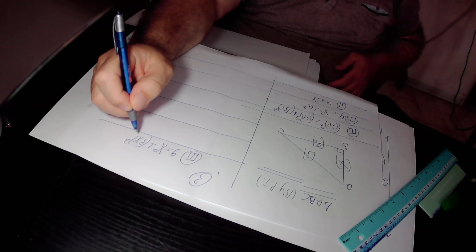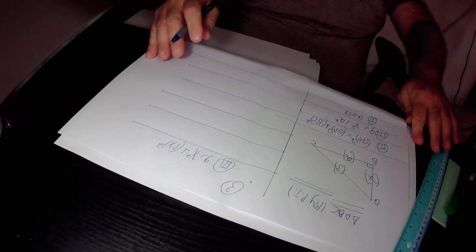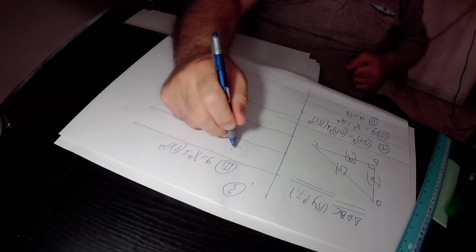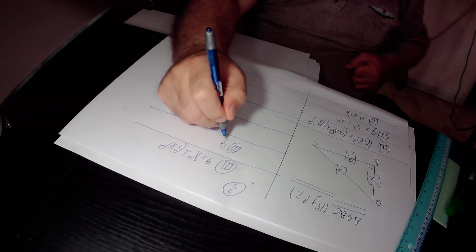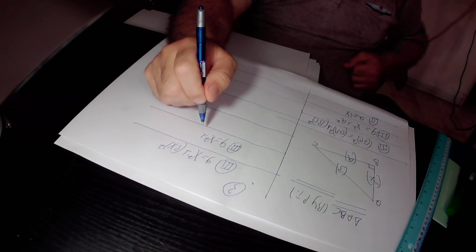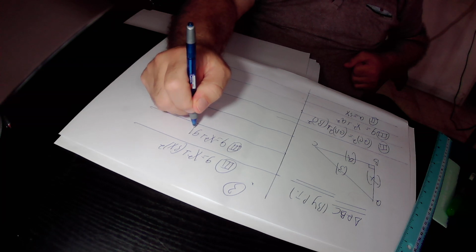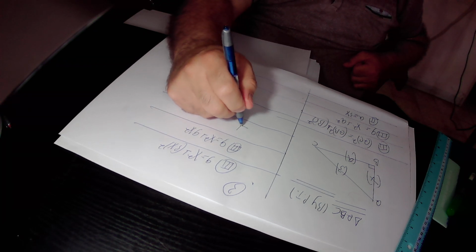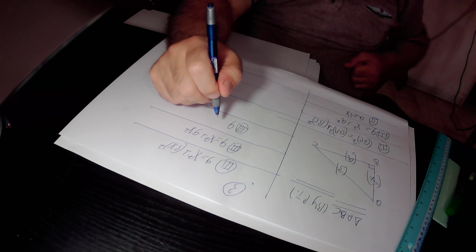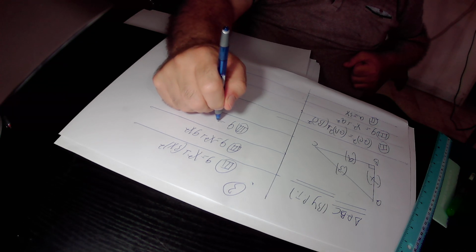So in total we found out that according to equation 3, 9 equals x squared plus 3x squared. 3x squared is 9x squared. So 9 equals x squared plus 9x squared, which is 10x squared.